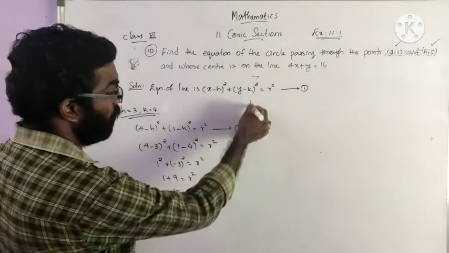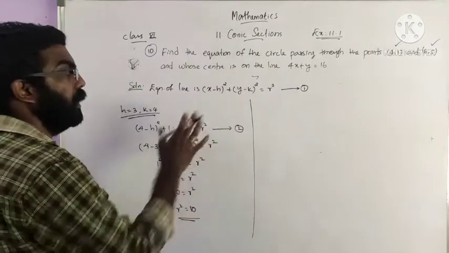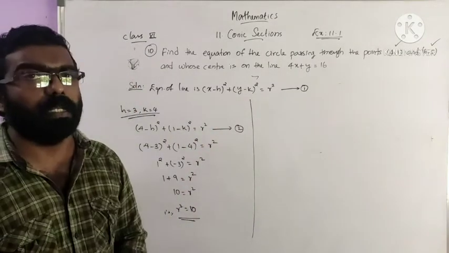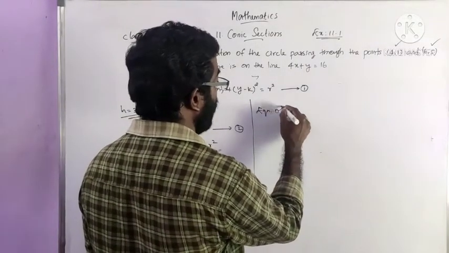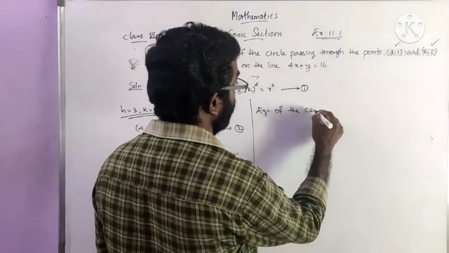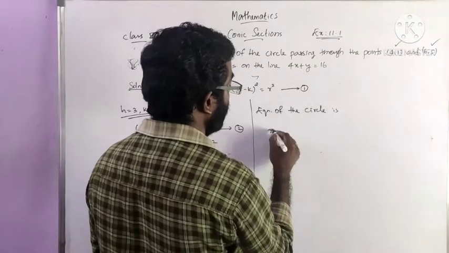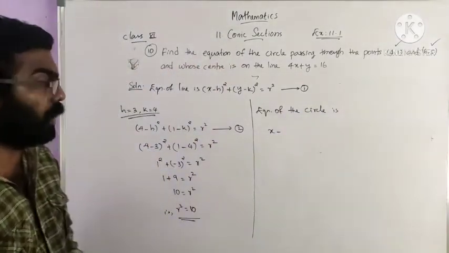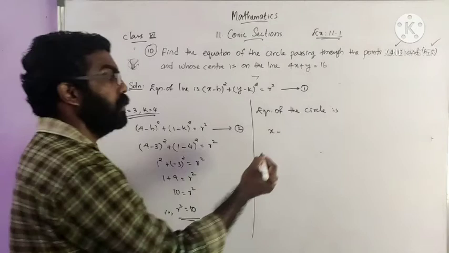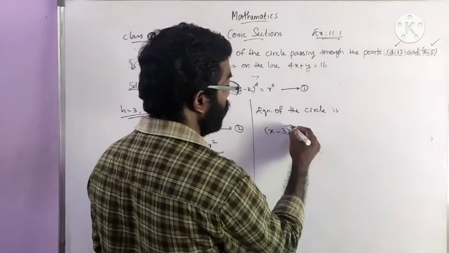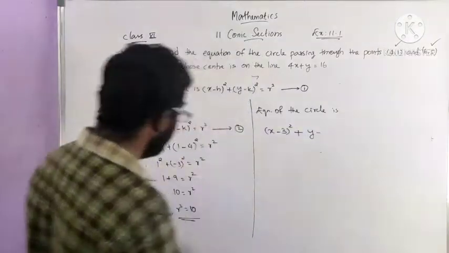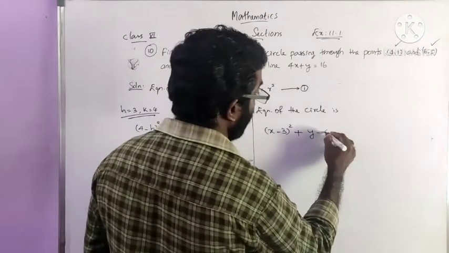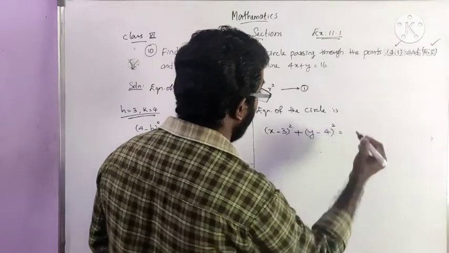Now we can replace the values in the general equation, that means the equation of the circle. The equation of the circle is x minus h the whole square plus y minus k the whole square, which is equal to r square. Here h is 3, so x minus 3 the whole square, plus y minus 4 the whole square, which is equal to r square.